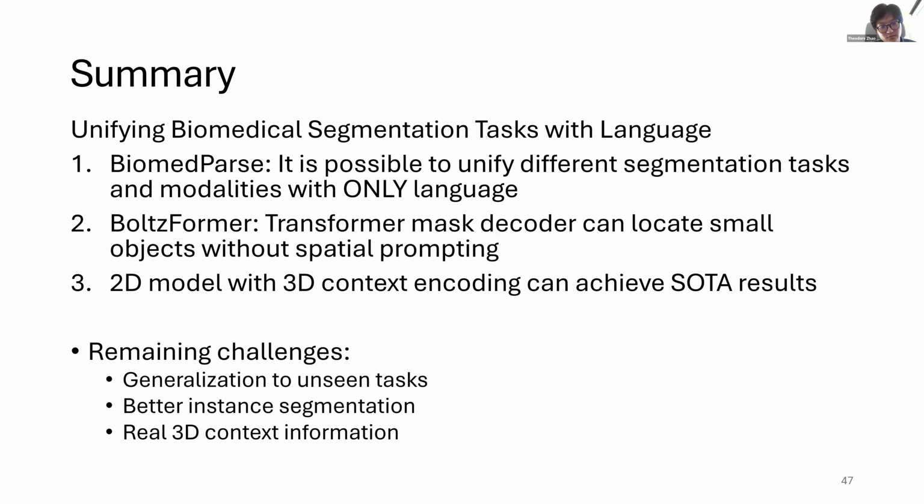But if you don't train with the specific task, because the biomedical concepts or terminologies can sometimes be very, very different, it's a bit challenging for the model to adapt to a completely unseen task. But for similar tasks, for example, describing different parts of the organ, like the whole organ or the parts of the organ, sometimes it can build a relation, but with completely new terminology, it is not very good at generalizing to those tasks.